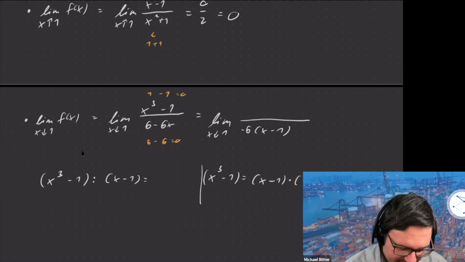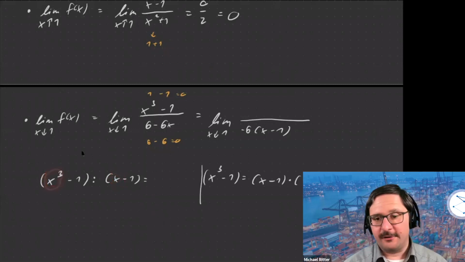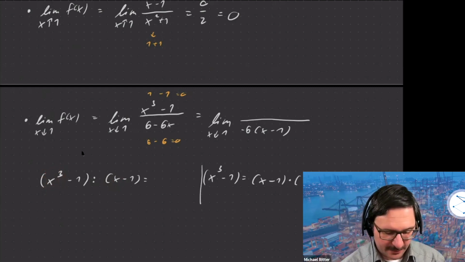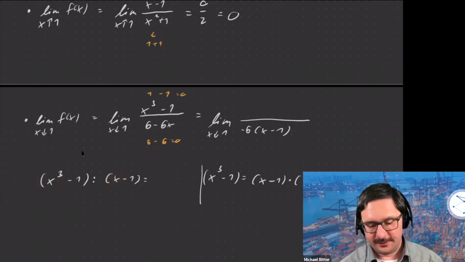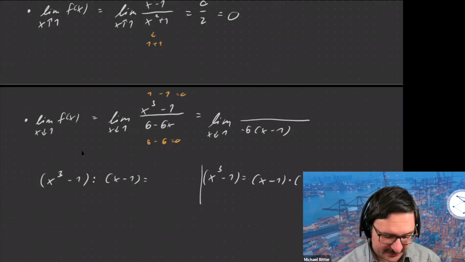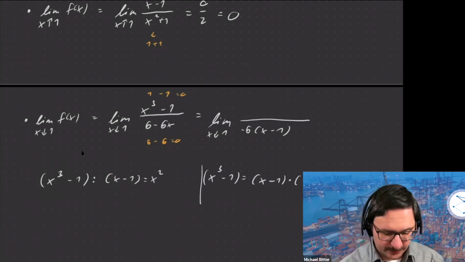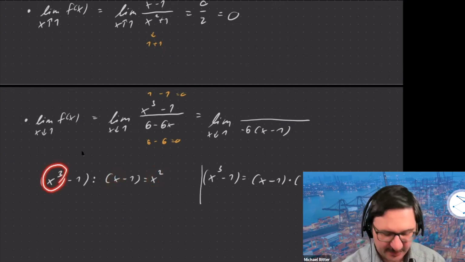We first look at this leading factor here, and only the leading factor. So this is only x here. And this leading factor, x to the power of 3. What we do is we find something that multiplied by x yields x to the power of 3. Obviously, that needs to be x squared. So x squared multiplied by x is x to the power of 3.